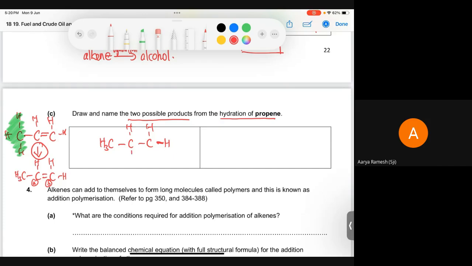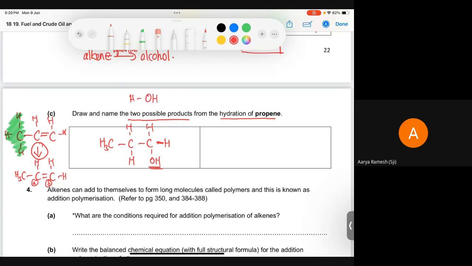What do we fill up at the bottom? You put H at where? The first C, middle C. Then after that, the third C also, H or OH? OH, down here. Okay. Because it's adding water, so it's H and then OH, right?